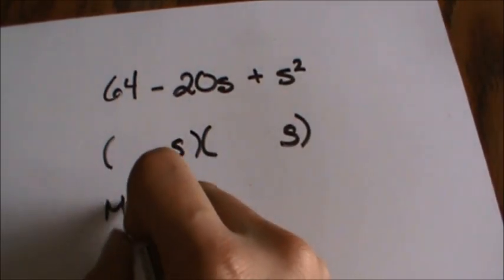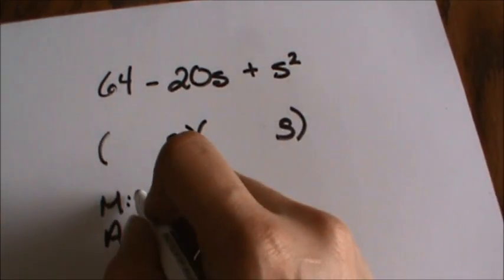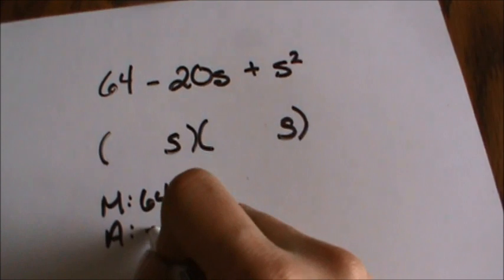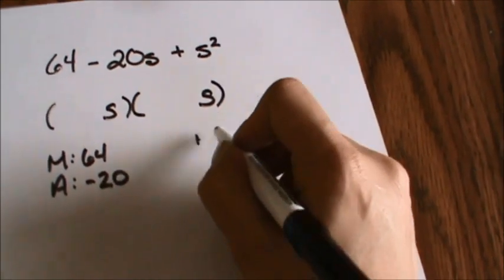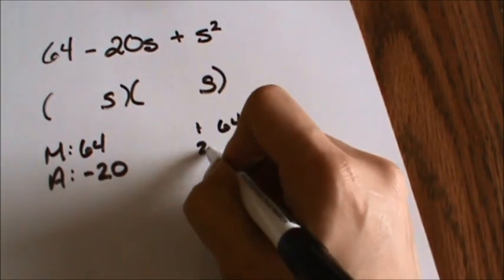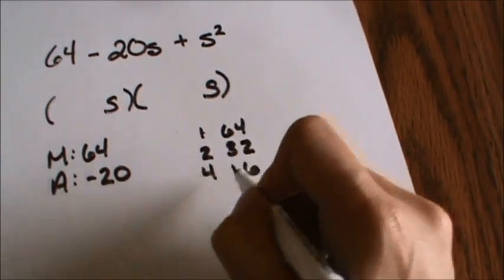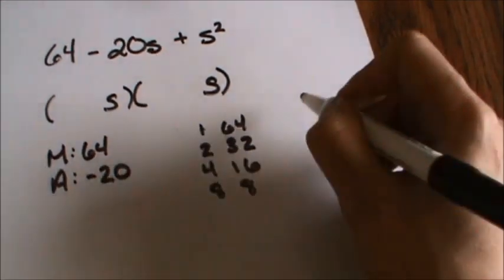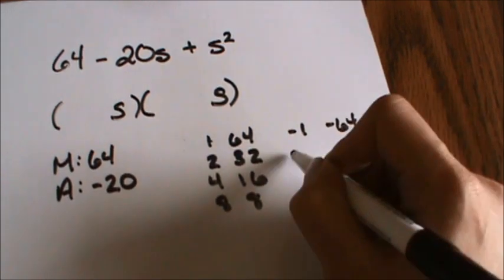It's still the same problem that we've been dealing with. It's going to multiply to be 64 and add to be negative 20. So let's create our list. 1 and 64, 2 and 32, 4 and 16, 8 and 8. Along with these, I could have any of their negatives as well.